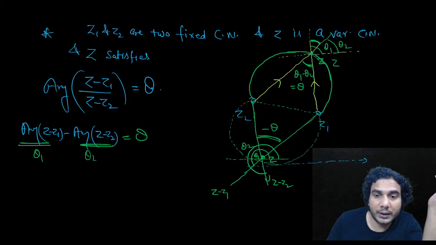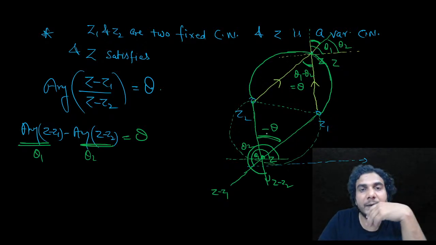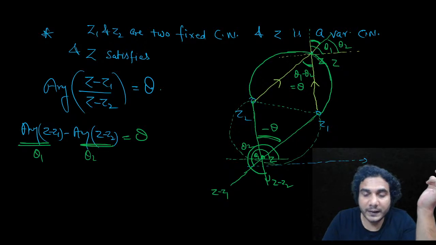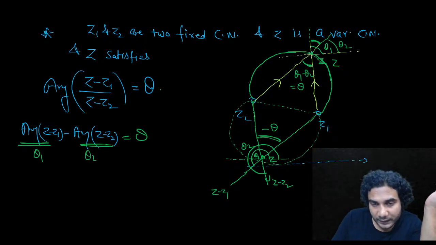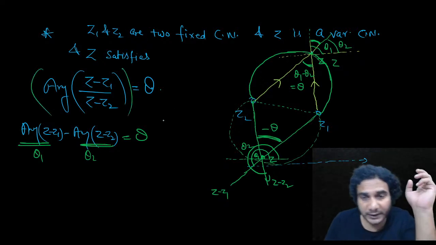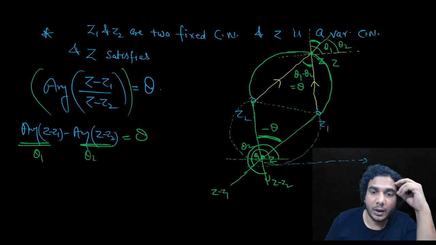You can't just measure this angle geometrically. Geometrically this angle is theta only, so Z1 and Z2 subtend theta on Z, but the difference of arguments is minus theta on this arc.